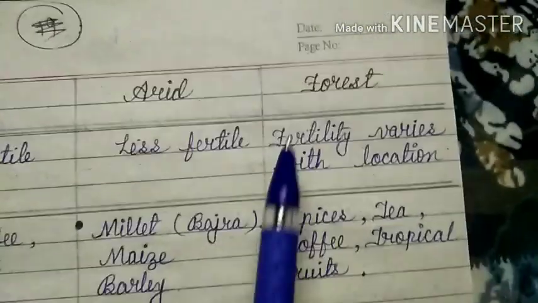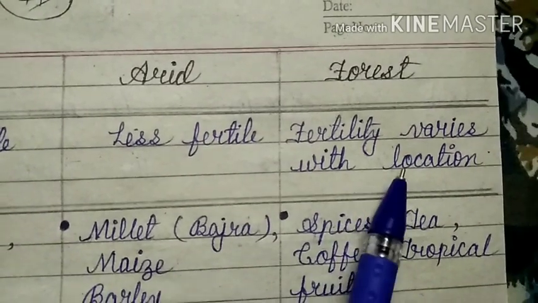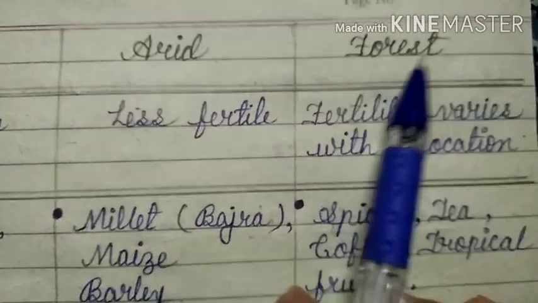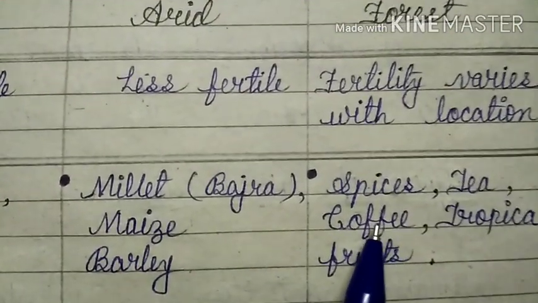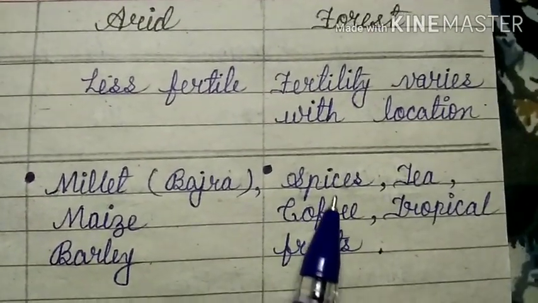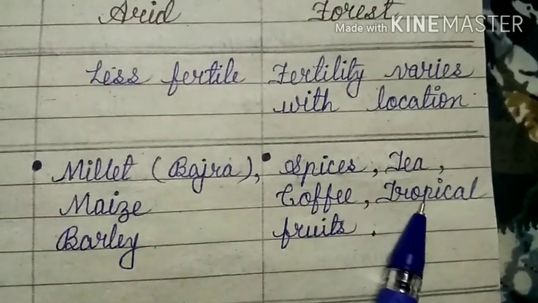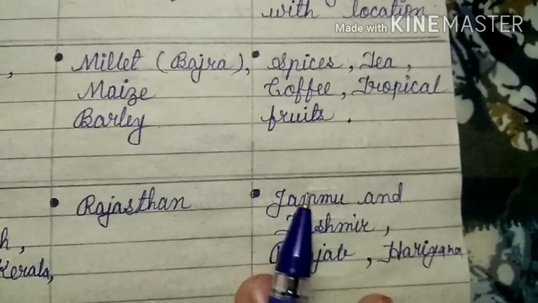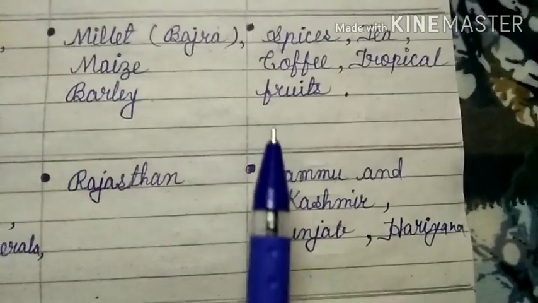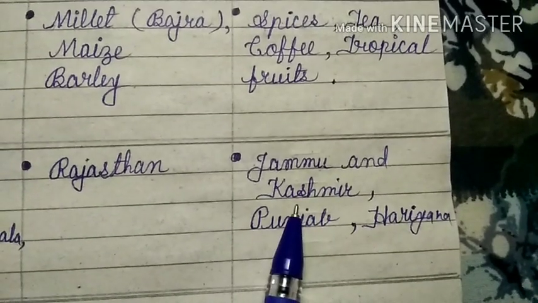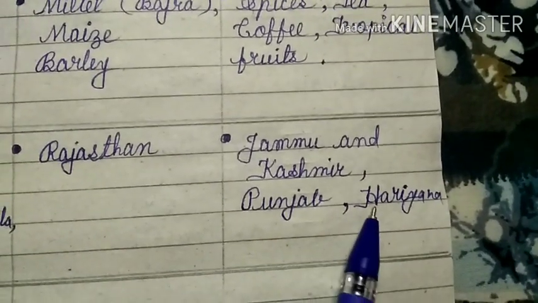And if we talk about the fertility of forest soil, it varies with the location, meaning in different places the fertility is different, and the supporting plants are spices, tea, coffee, tropical fruits. At the last, the states where forest soil is found are Jammu and Kashmir, Punjab and Haryana.